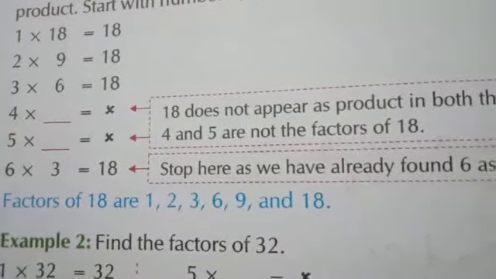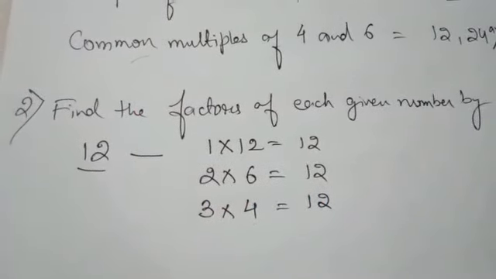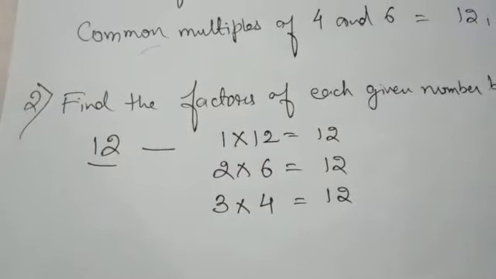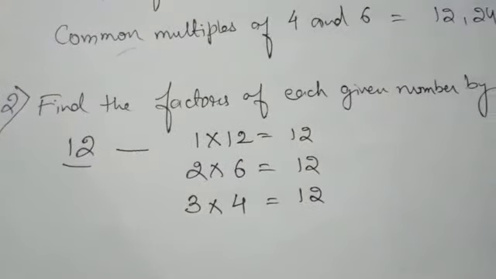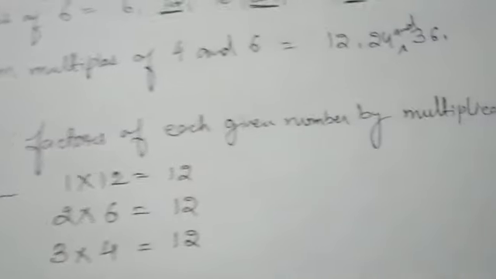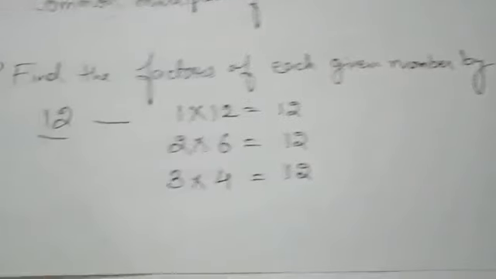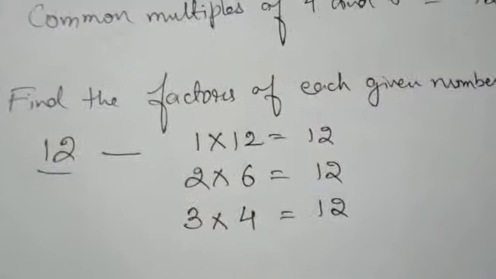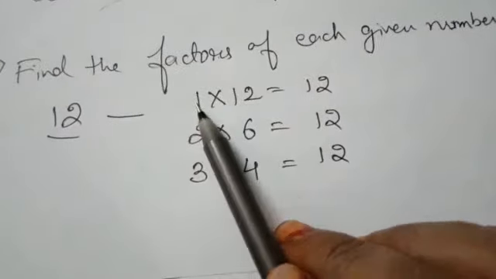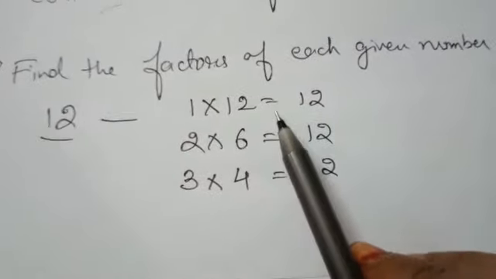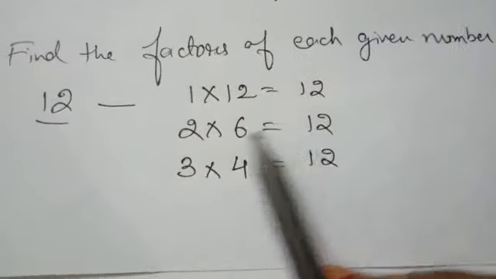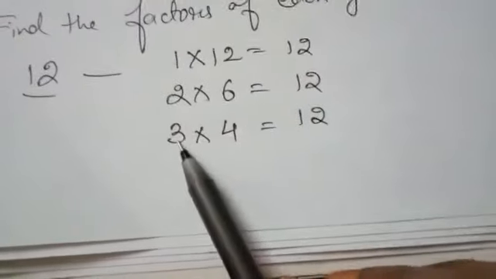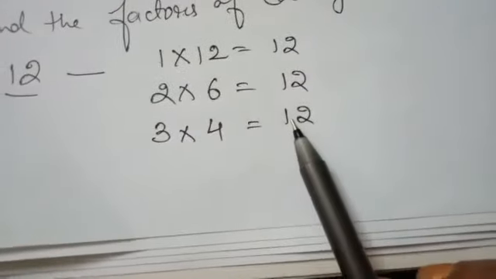Another example I am showing you. In let's practice number 2, find the factors of each given number by multiplication. The number is 12. So 1 multiplied by 12 equals to 12. 2 multiplied by 6, 12. 3 multiplied by 4, 12.